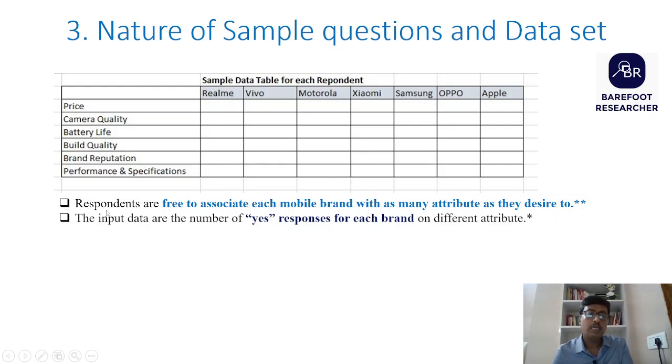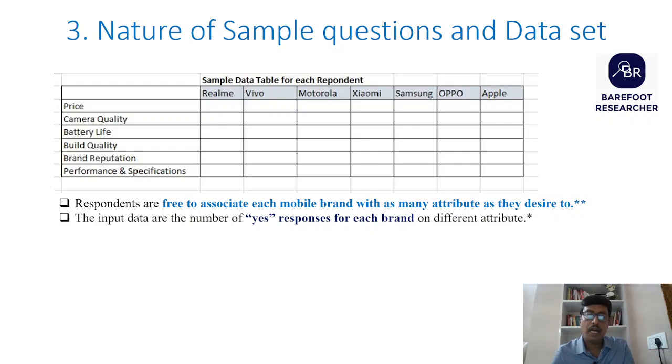That's why it is mentioned that respondents are free to associate each mobile brand with as many attributes as they desire. Another important point: you need to give only a yes for each brand for different attributes. That's why it is a categorical variable. In MDS we use both ordinal data and metric data, but for correspondence analysis, it is only categorical variables.